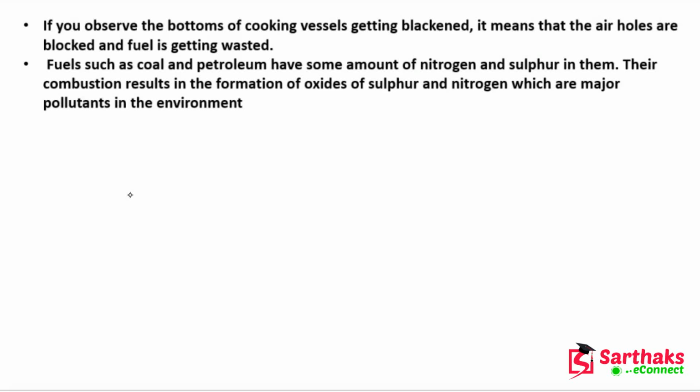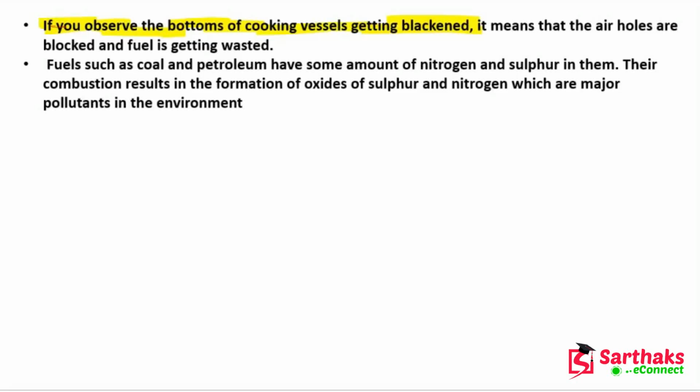Now guys, on this slide, it is written that if you observe the bottom of the cooking vessel getting blackened, it means that the air holes are blocked and fuel is getting wasted.